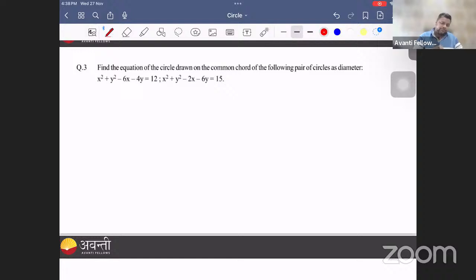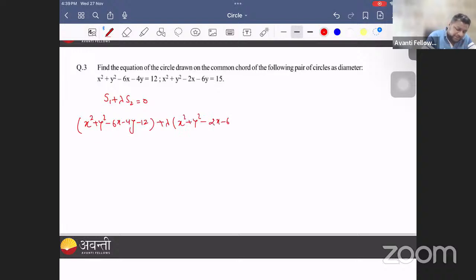Now, equation of circle. Again, first of all, what? Family of circle. Family of circle is S1 plus lambda S2 equals to 0. So it is x square plus y square minus 6x minus 4y minus 12 plus lambda times x square plus y square minus 2x minus 6y minus 15 equals to 0.